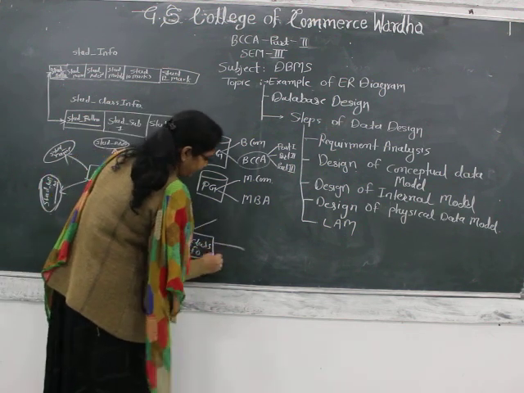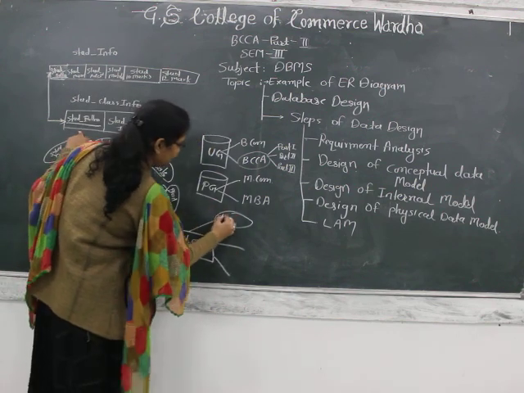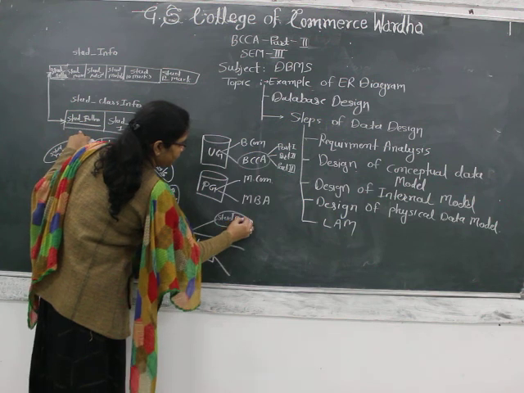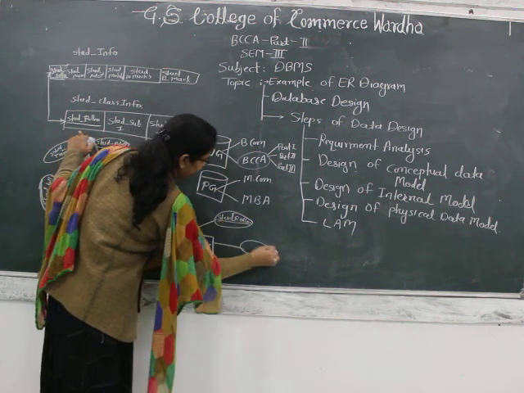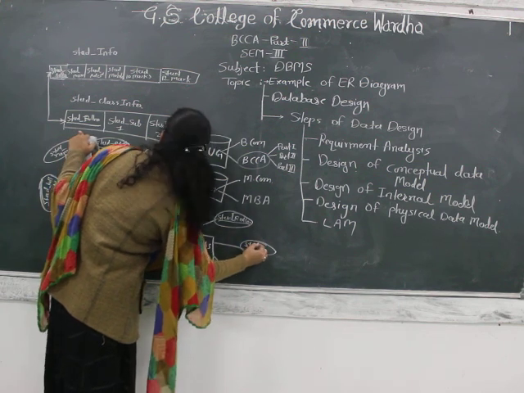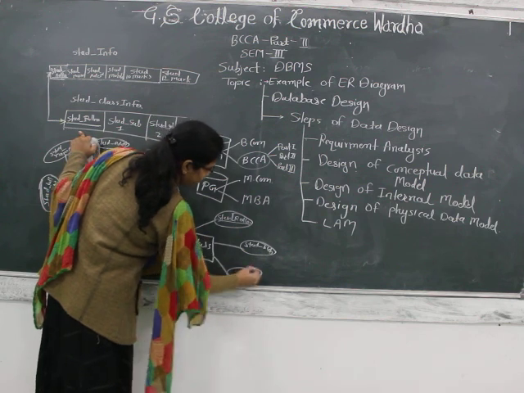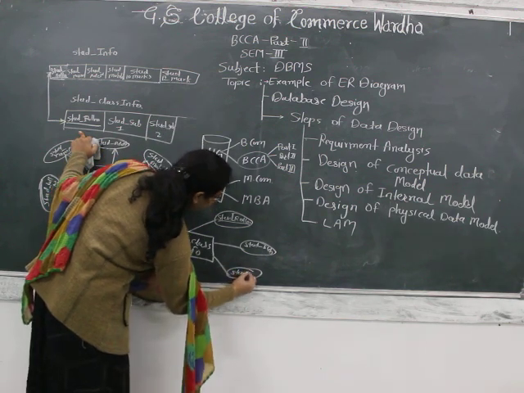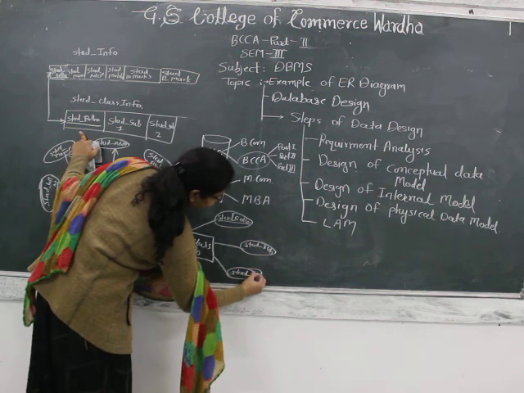Design the attributes again. First is stud roll number, then stud subject 1, and third is stud subject 2.